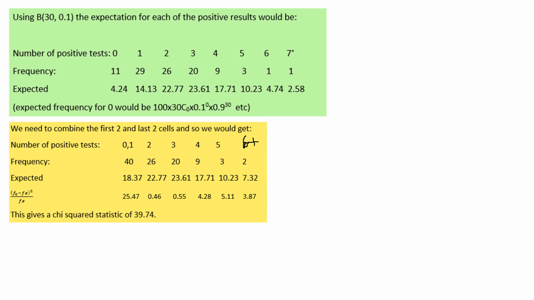So you can see that my degrees of freedom is going to change now. I've got 1, 2, 3, 4, 5, 6 classes, and then I'm going to take off my usual 1, with no estimated parameters. Okay, so when I work out my chi-squared statistic, I get 39.74.